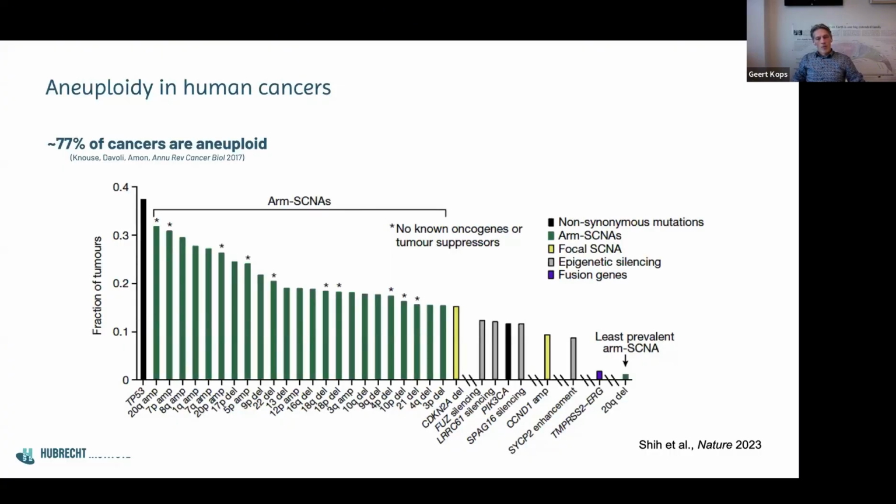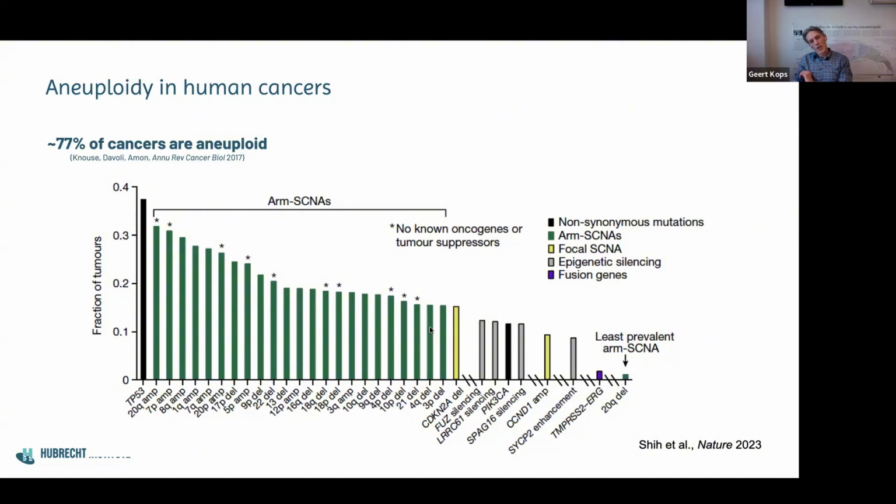In a study from the Beroukhim lab and the Taylor lab a few years ago, quantifying the genomic alterations in cancer, including mutations and chromosomal copy number alterations, the most frequent mutation seen, and we all know this, is p53 mutations, but the 20 next most common alterations are all arm-level or whole-chromosome copy number alterations.